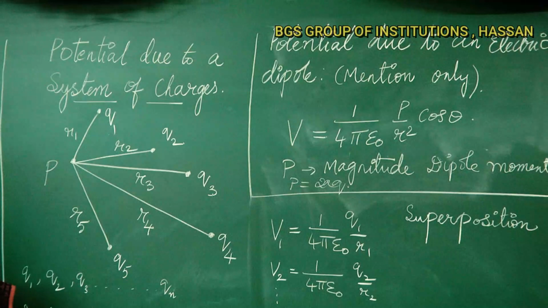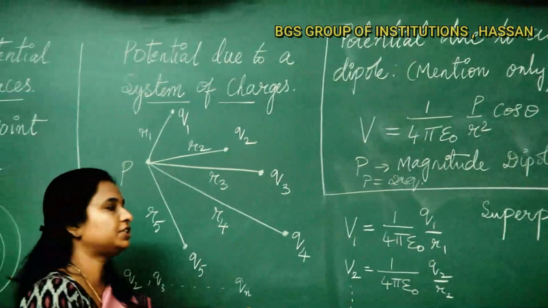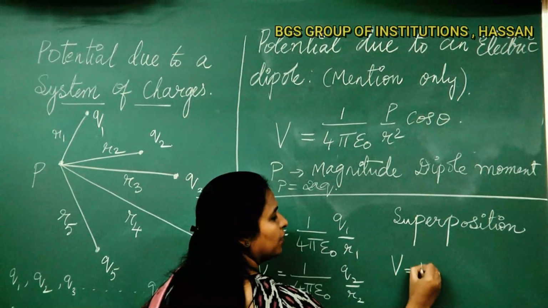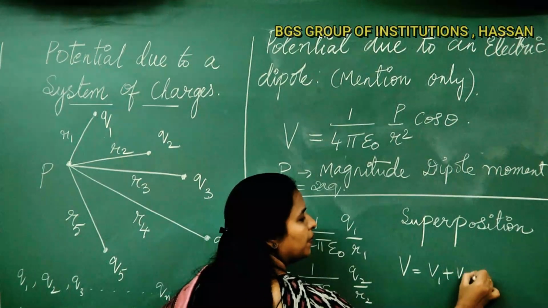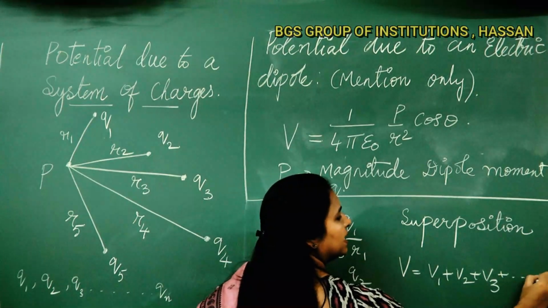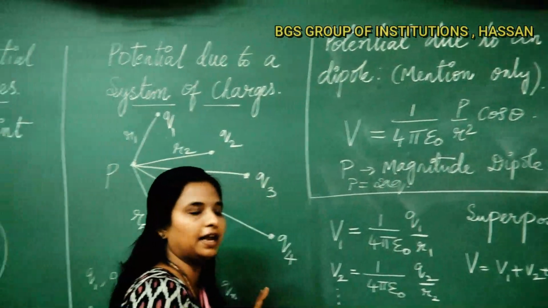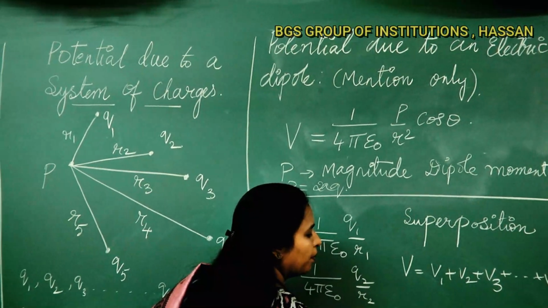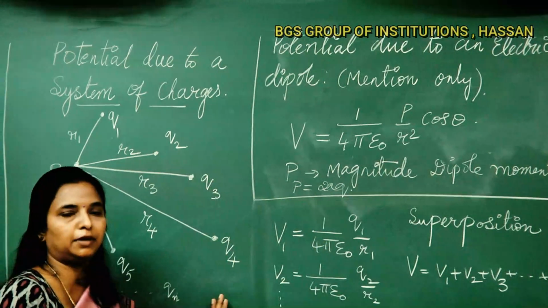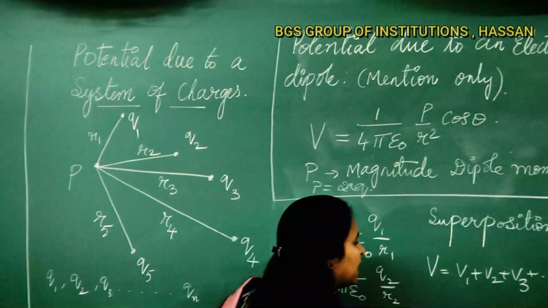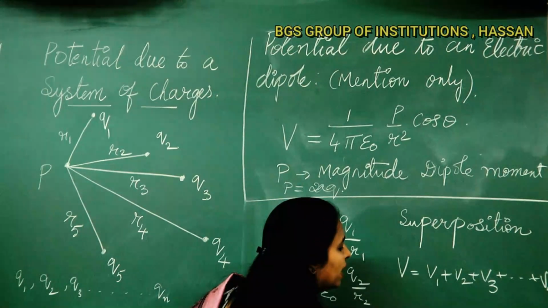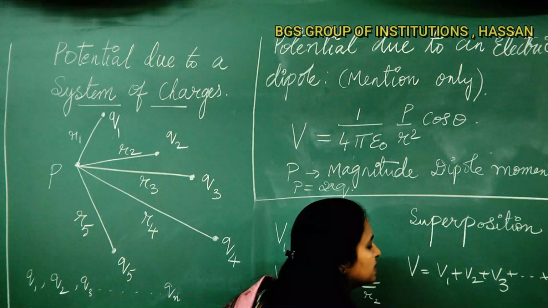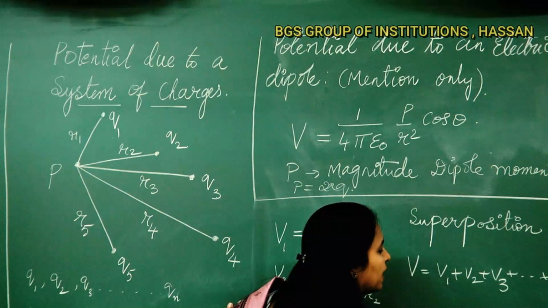The resultant potential will be the sum of all the potentials due to the system of charges, that is V is equal to V1 plus V2 plus V3 plus etc. till Vn, and that can be written as V is equal to 1 by 4 pi epsilon naught, and take it outside because it is common. Within the bracket we will have Q1 by r1 plus Q2 by r2 plus etc. Qn by rn.